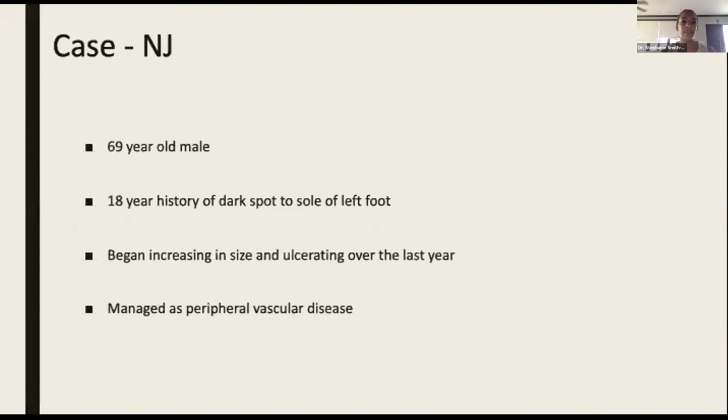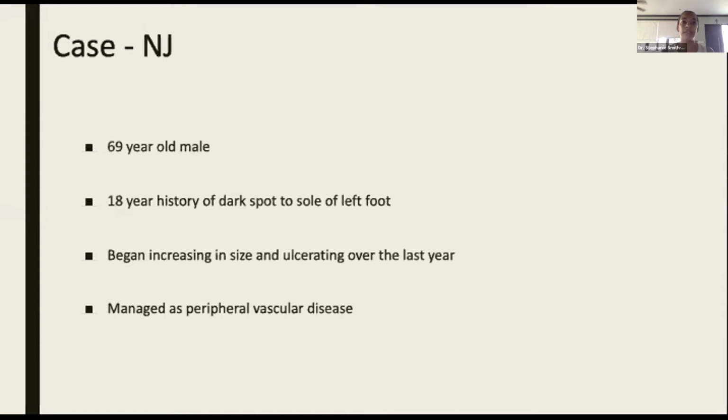So I'm going to start by presenting a case of a patient that we recently saw in our cutaneous oncology clinic at the University Hospital of the West Indies. This patient is NJ, a 69-year-old male who came to us with an 18-year history of a dark spot to the sole of the left foot. And yes, you heard correctly, it's 18 years.